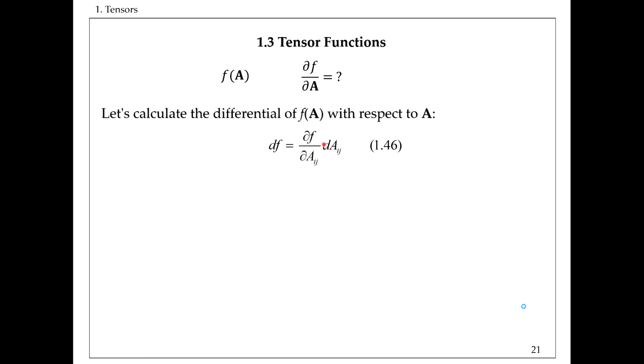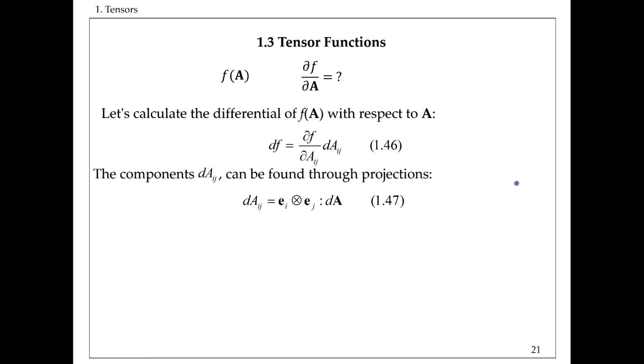Now, the components of that dA we can obtain, as we usually do, by writing dA as a tensor and then projecting it onto our dyadic product e_i e_j, which will give us the components.